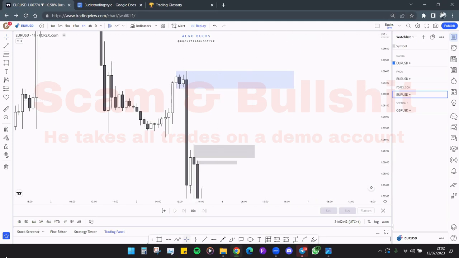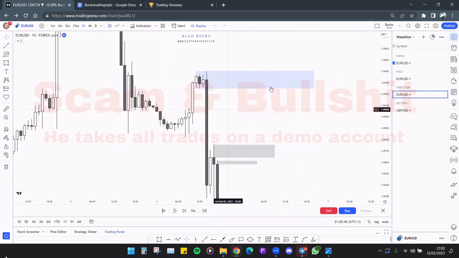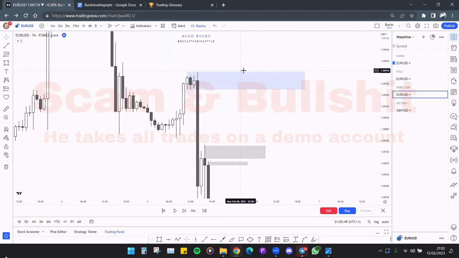Instead of going down to smaller time frames, like 5 minutes, 1 minute, to refine this whole POI, I just mark this wick because this is our last unmitigated wick. I just mark this and wait for reaction in this time frame.